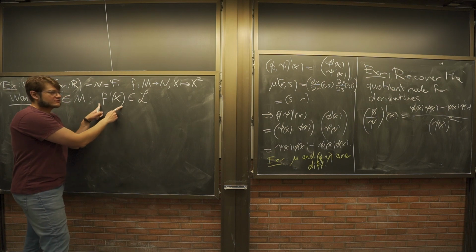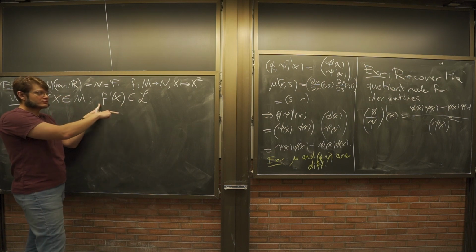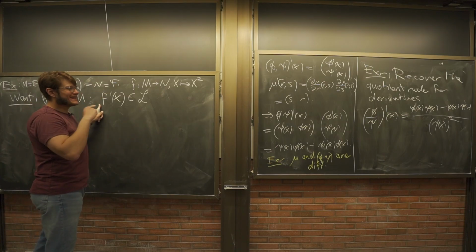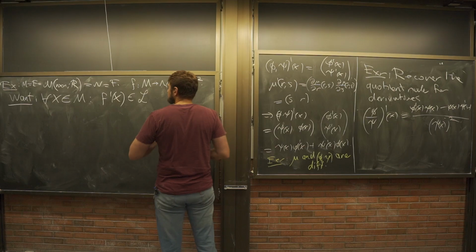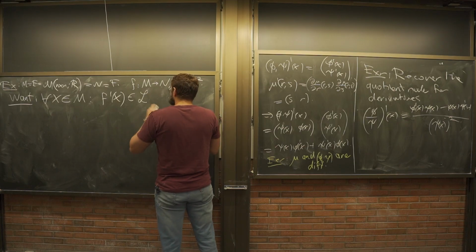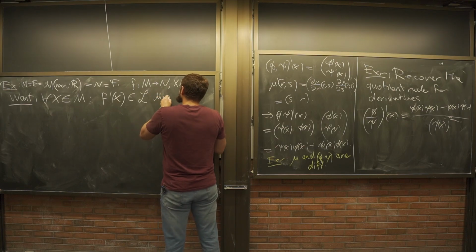So f prime of x should take as an input an n by n matrix, and give as an output an n by n matrix. That's just following the definition. Let me just write it explicitly.